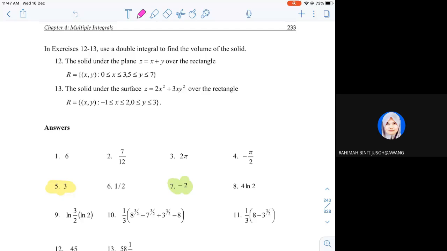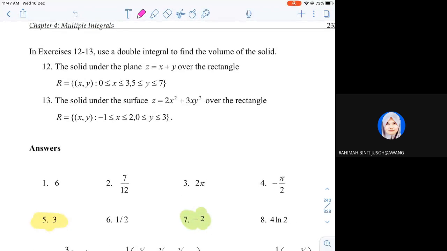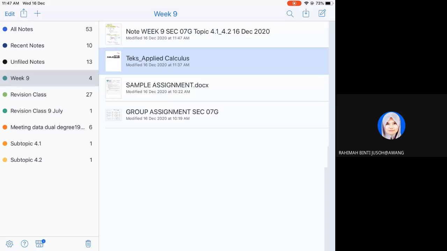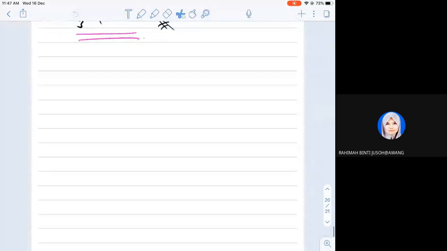Okay, so jom, volume. So jom kita buat soalan nombor 13, Question 13. So we have this question.